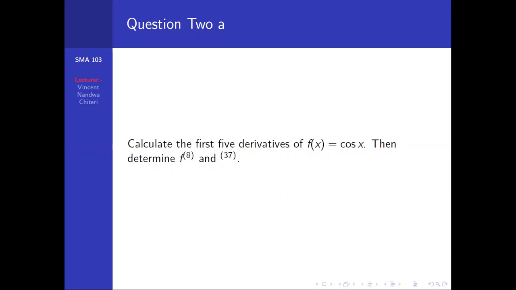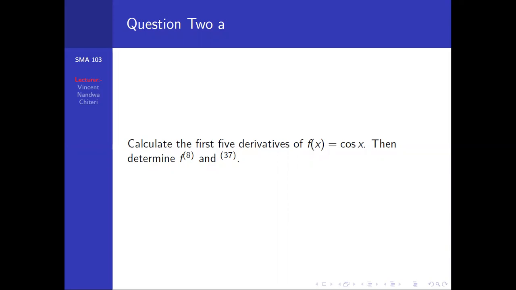So the question at hand is to calculate the first 5 derivatives of the function f of x equals cos x, and then to determine the 8th derivative of f, and then the 37th derivative of f.